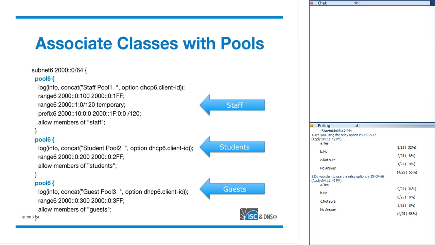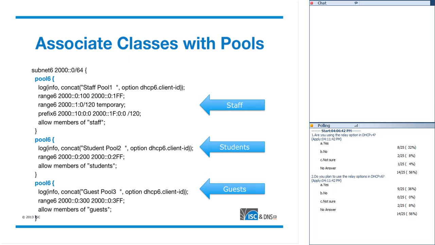We can show the classes being associated with pools. In this particular case, an additional thing is the pool 6 statement. This allows us to group the various items with an allow or deny statement to, again, give us the use of the class. In this case, each class maps to 1 pool.